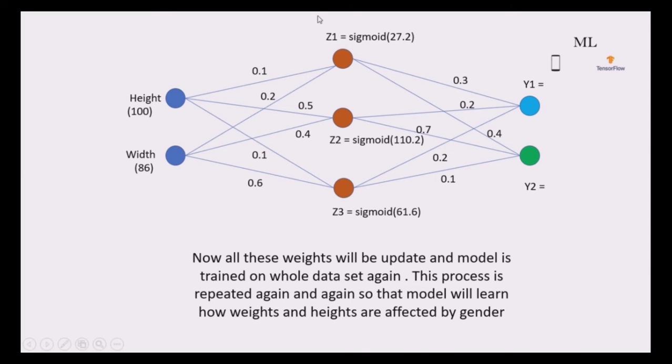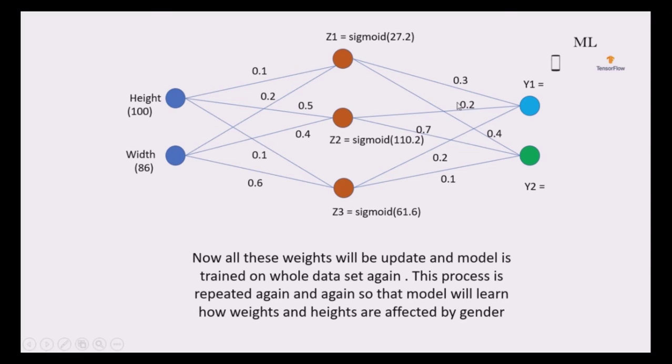So we train our model for several different cycles depending upon the complexity of our data. The process of updating these weights based upon actual result or predicted result is called backpropagation.